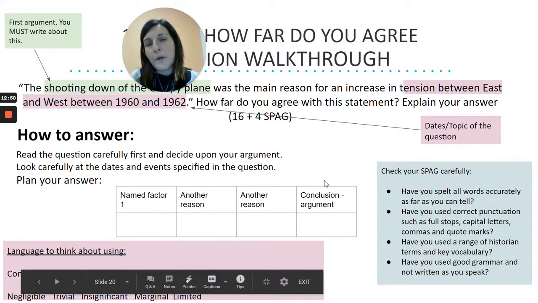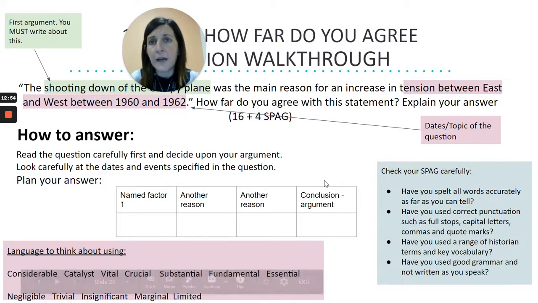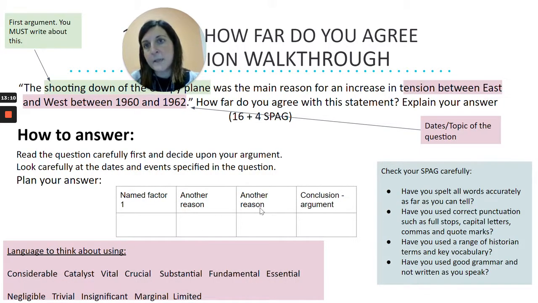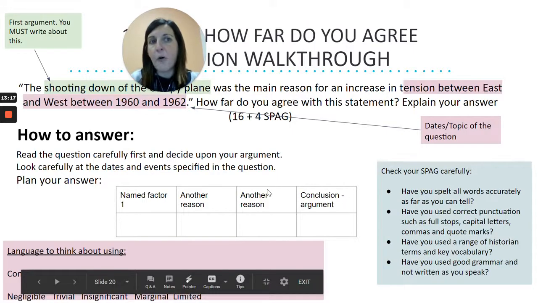Now, when you open the paper and you look at the question, the first thing that you need to do once you've highlighted what you're going to be writing about is a plan for your answer. So in this case, our named factor we must write about in our first paragraph is the shooting down of the U-2 plane in 1960. We must then think of 2 other incidents between 1960 and 1962 that could be our other reasons for an increase in tension between that period.